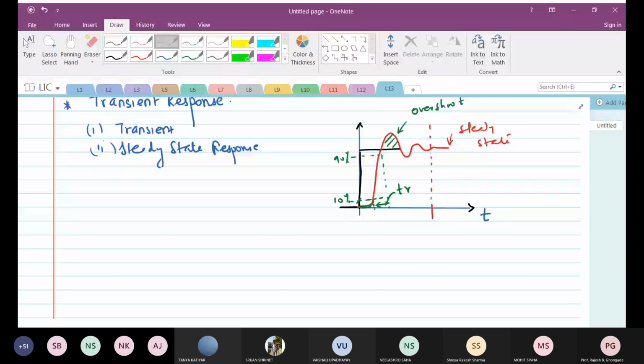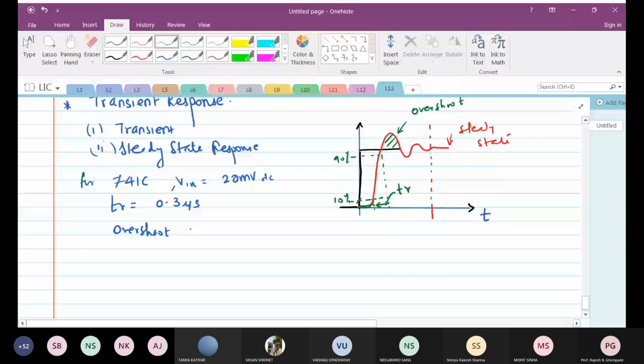For LM741C, for Vin as 20 millivolt DC, that is a step signal, the rise time is given as 0.3 microseconds, and the overshoot, expressed in percentage, is 5%. So these are the two responses, the transient response and the steady state, I mean the transient response specifically.